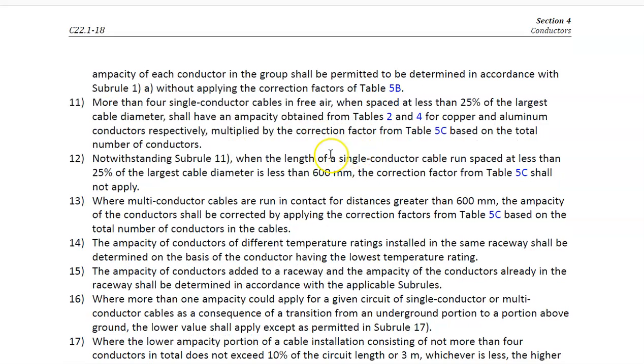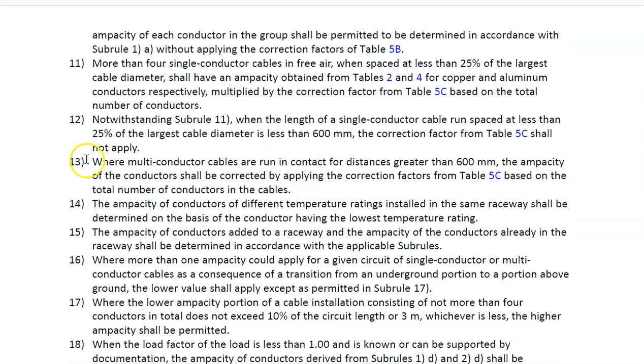Down through here, and stop on 4-004, rule 13. Where multi-conductor cables, that is a NMD90 Loomex or any other type of Loomex, are run in contact for distances greater than 600 millimeters, so more than 600 millimeters. 300 millimeters is a foot, so that's 2 feet. The ampacities shall be corrected by the correction factors from 5C.